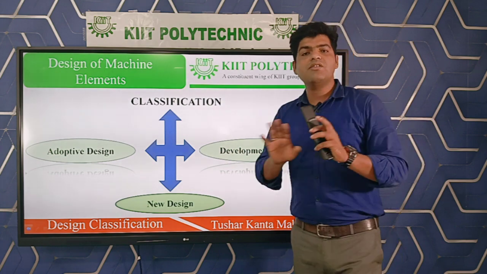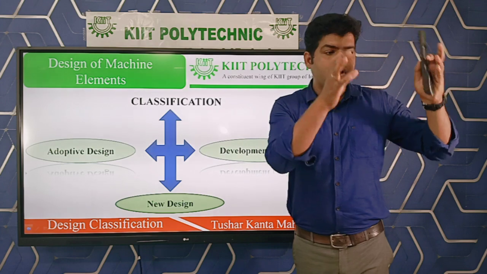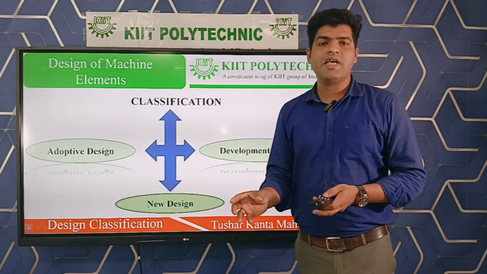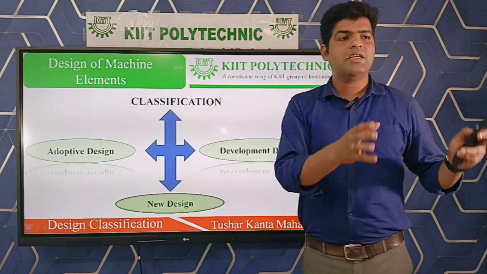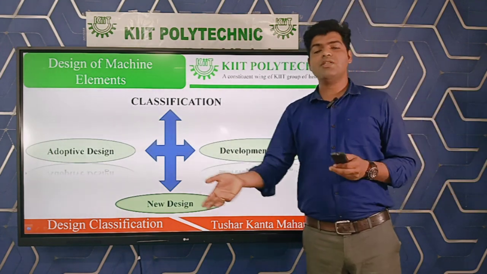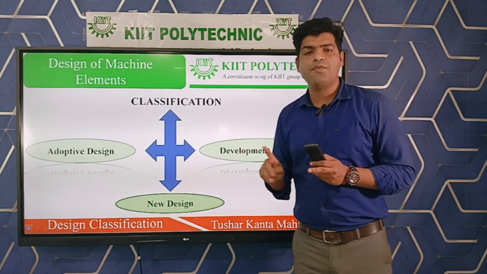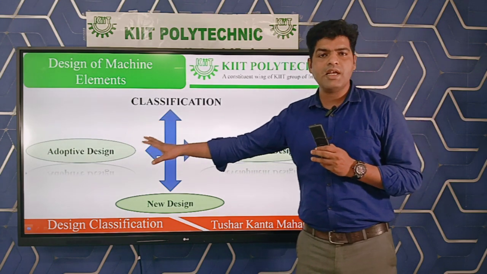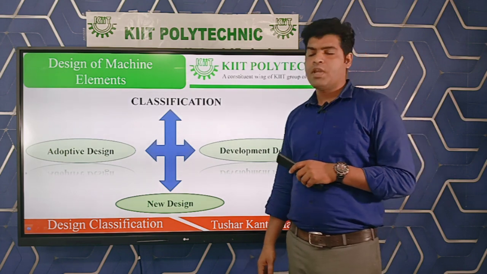This type of design does not exist in the world. A scientist thinks about the design, realizes the demand, and sees that the product is not in the market, then he launches that design. That is called new design. So we discussed three types of design: adaptive design, development design, and new design.